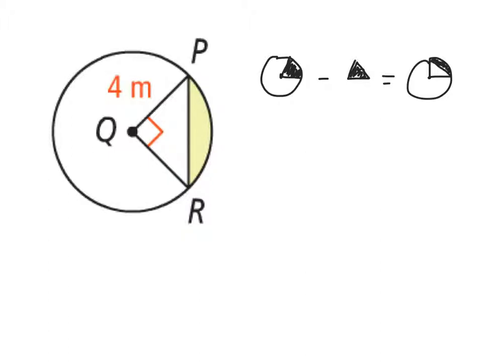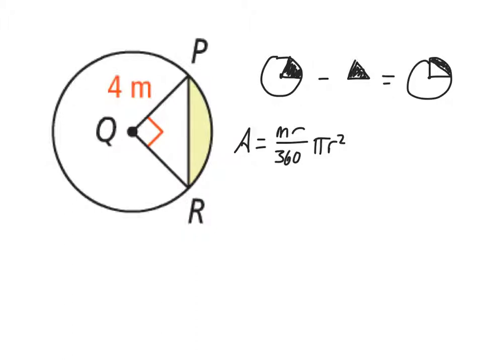So then the next step is going to be to write down the formula. Don't plug in yet. Save the plugging in for a future step, okay? Right now, let's just write down the formula. Let's get the formula on paper. So the area is going to be the area of the whole sector, which we just did a moment ago. So that's the measure of the arc over 360 times the area of the circle.